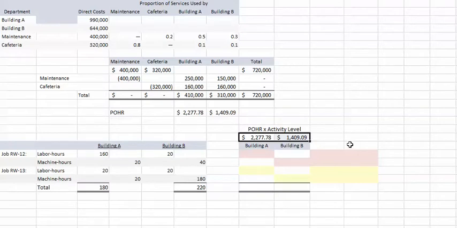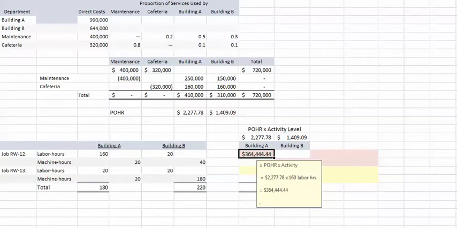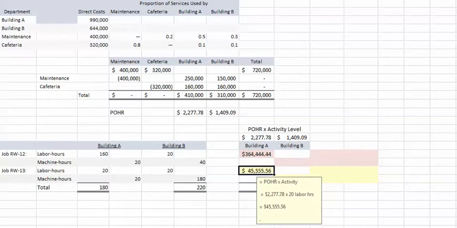And finally, we will use our actual activity level of 160 labor hours for Building A, multiplied by our predetermined overhead rate of $2,277, to get a cost allocation of $364,444 to job RW12. The remaining cost of Building A will be allocated to job RW13.